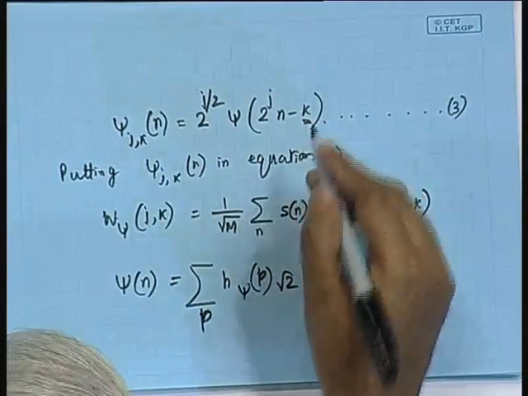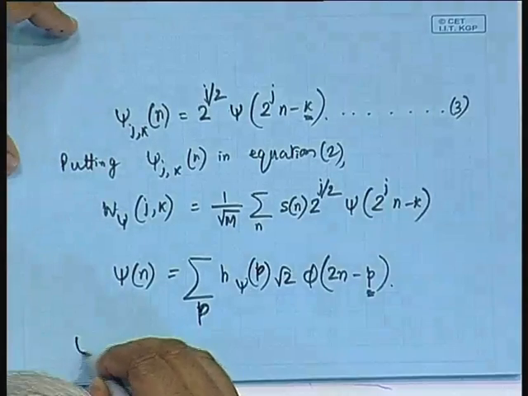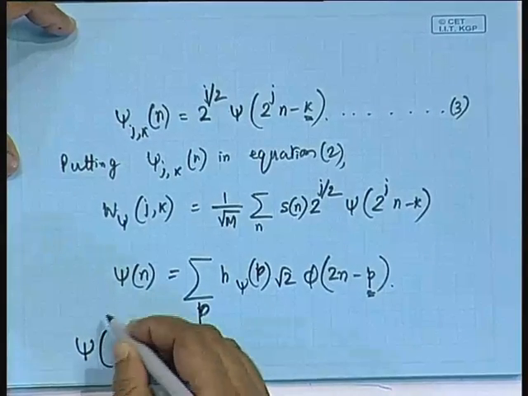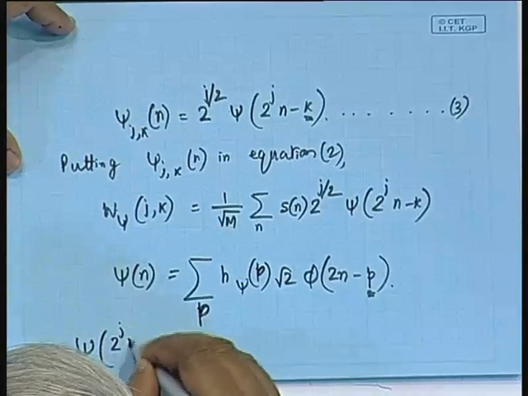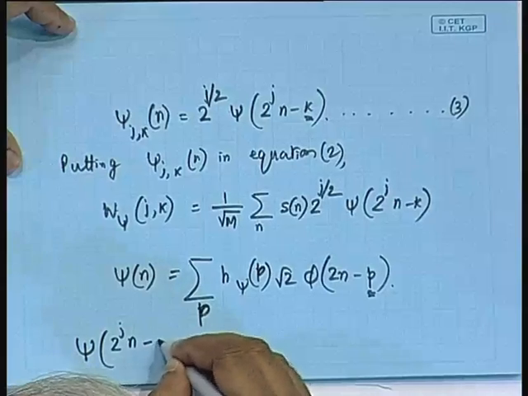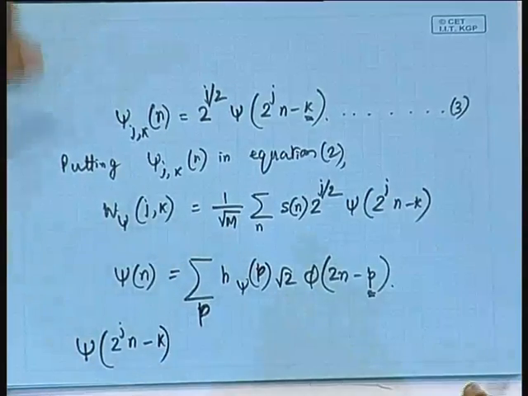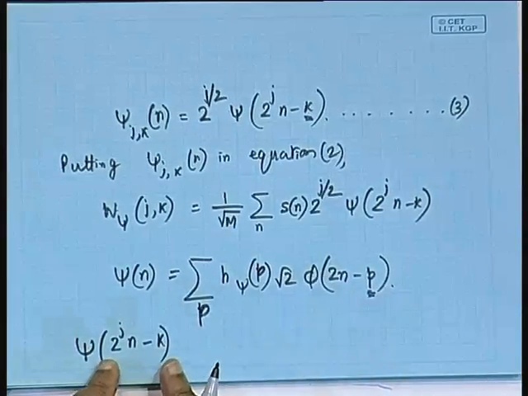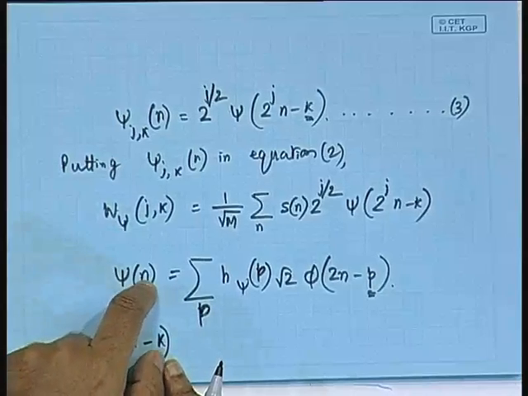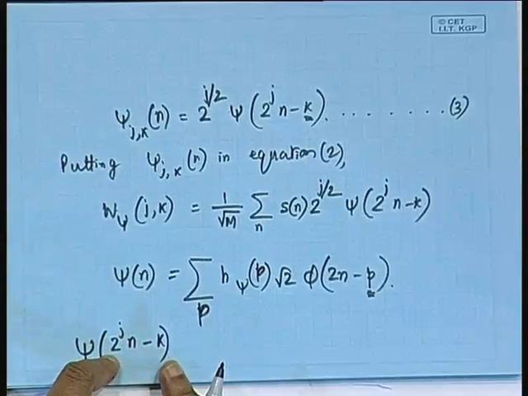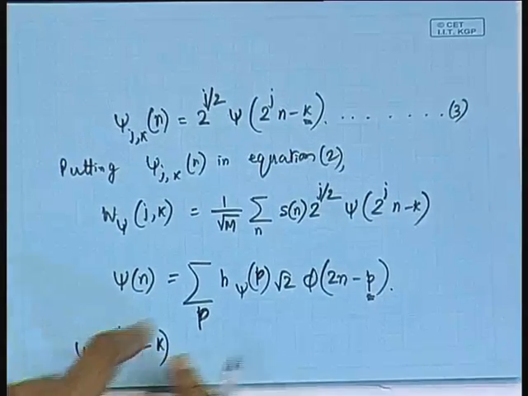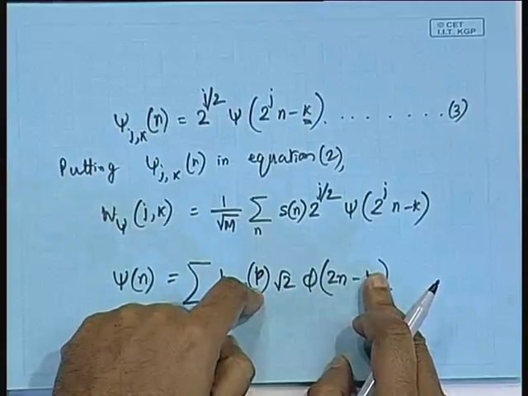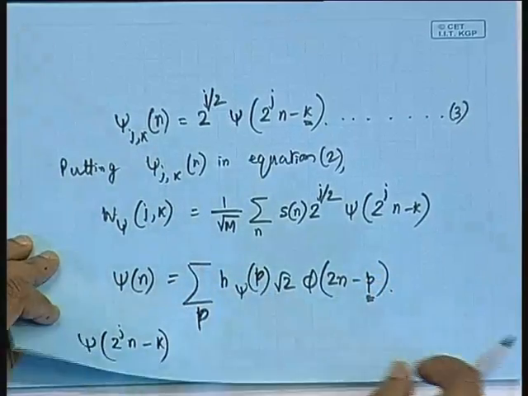Now what I want is psi of 2 to the power j n minus k. If I want to do that, what I have to simply do is replace this n by 2 to the power j n minus k and put it in this equation. So, what do we obtain?